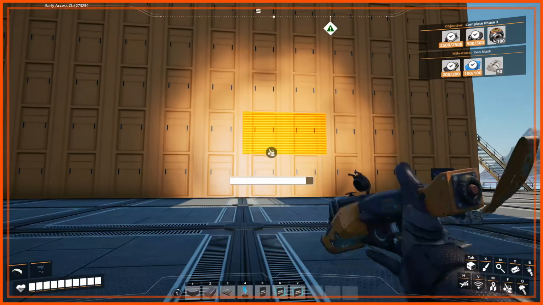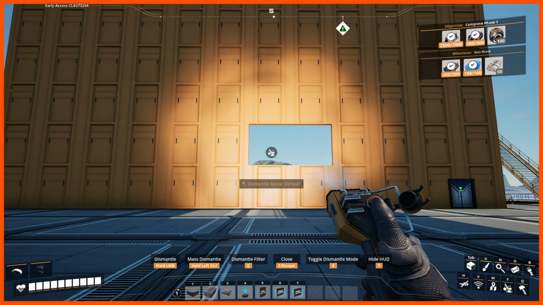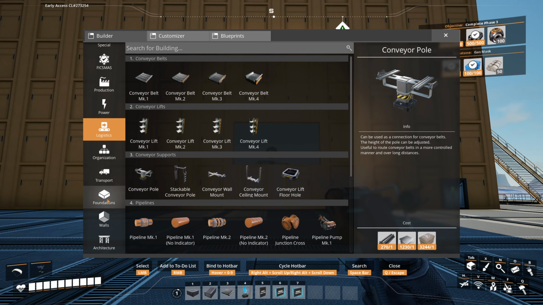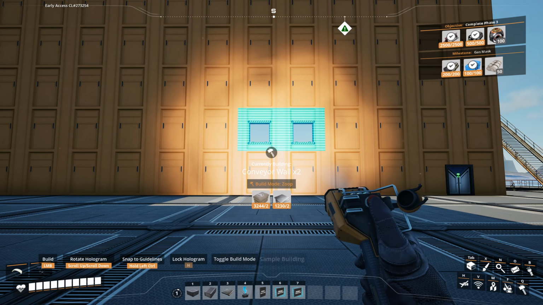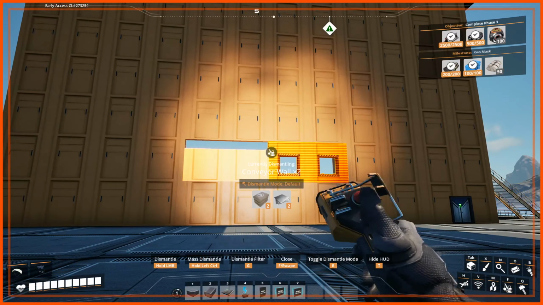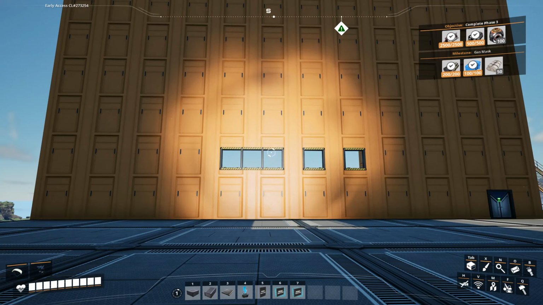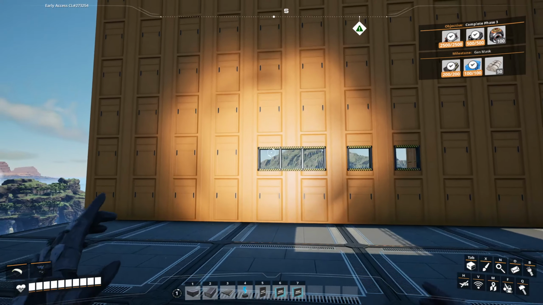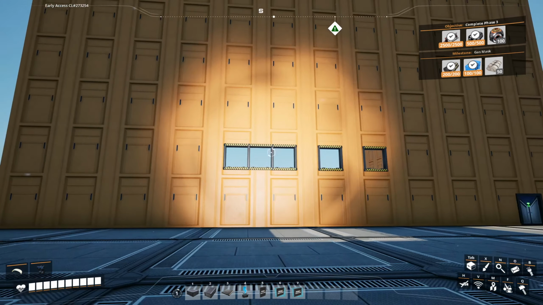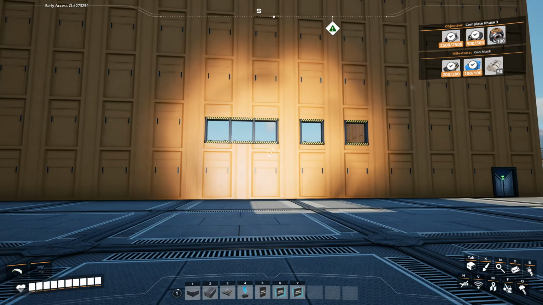Okay, so the first thing we want to handle here is just water and oil. So that means the output is fuel to warehouse, canister for water, canister for oil barrels.